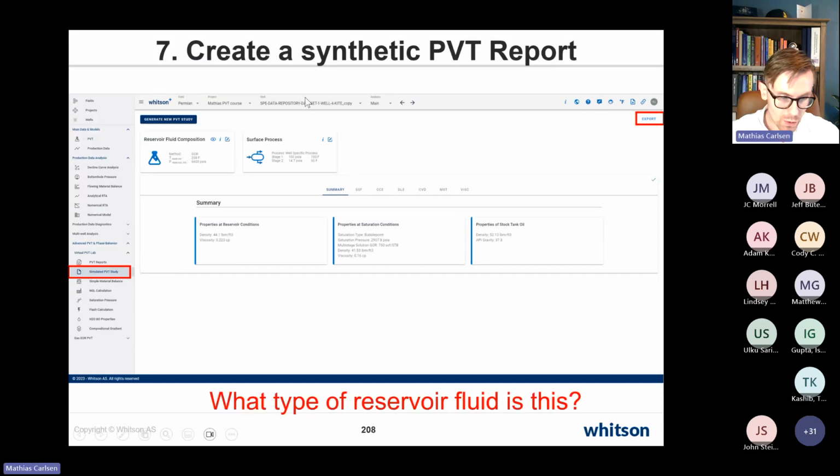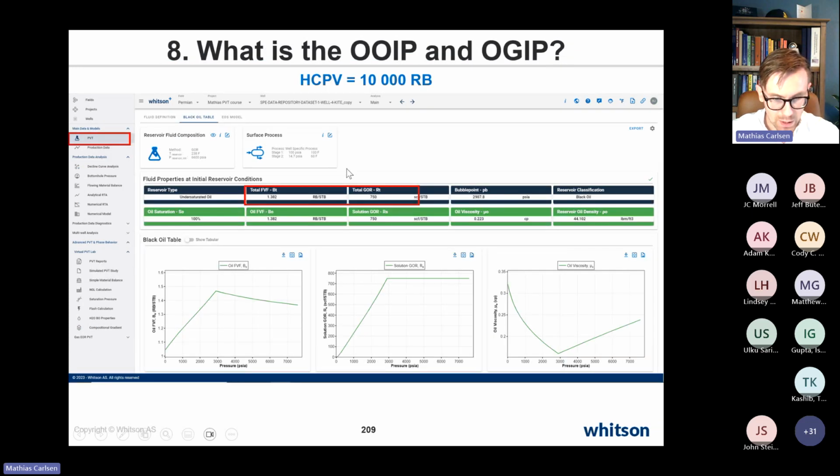Perfect. What we're going to do now is go back to the PVT table, and we're going to assume that our hydrocarbon pore volume is 10 million reservoir barrels. And we're going to use the formula that I just provided to calculate the oil in place. So we're going to make that calculation, all of us, right now.